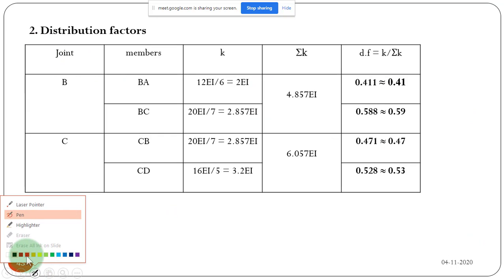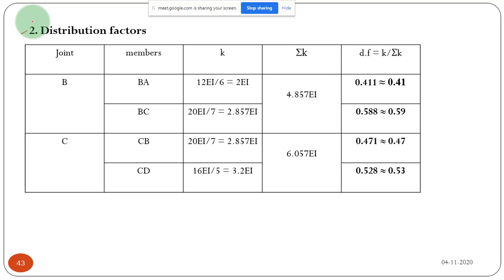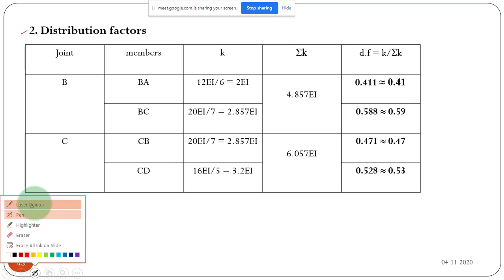I think you can do this, it is very simple. Take joint B, BA, BC, write down the K values. The only thing is, do not miss the I value. Don't take I uniform; take the given values like 3I, 5I or whatever it is. Get the value of K. Take the sum of these two values, that is sigma K, and work out the distribution factor.